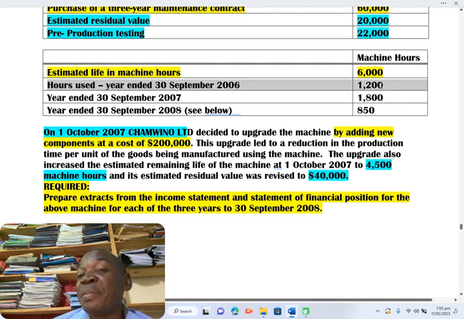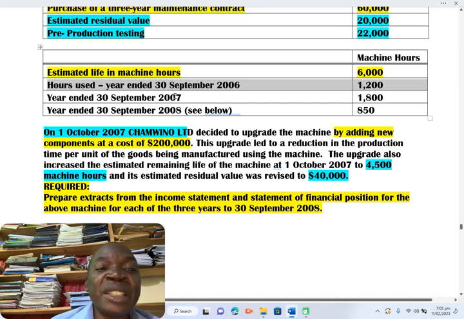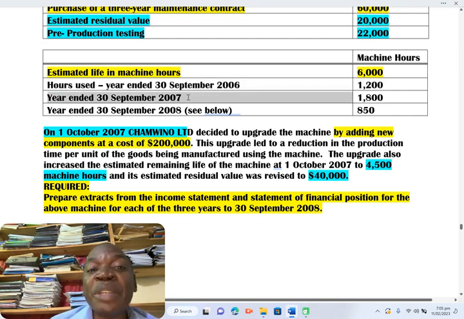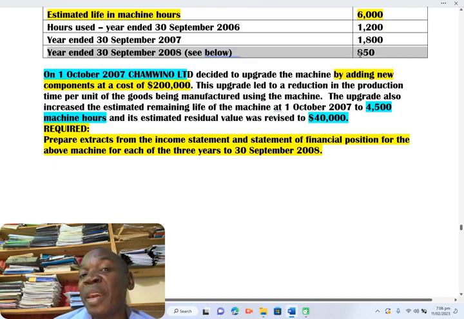How many hours have been used? 1,200 hours have been used as at the reporting date, September 30th, 2006. About the next year, at the end of September 2007, how many hours have been used? Now, how about the end of year 2008? How many hours have been used? But subject to the following condition.